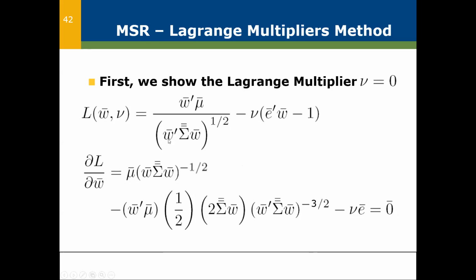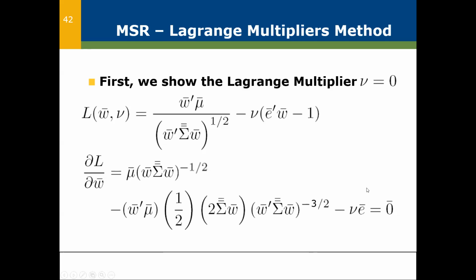And then you take the derivative of what's inside. And again, because of symmetry, we can simplify it to 2 times volatility times the weights. Then you have to remember you still have the numerator piece. You take the derivative of the nu piece here, and you set that whole thing to 0, vector 0.